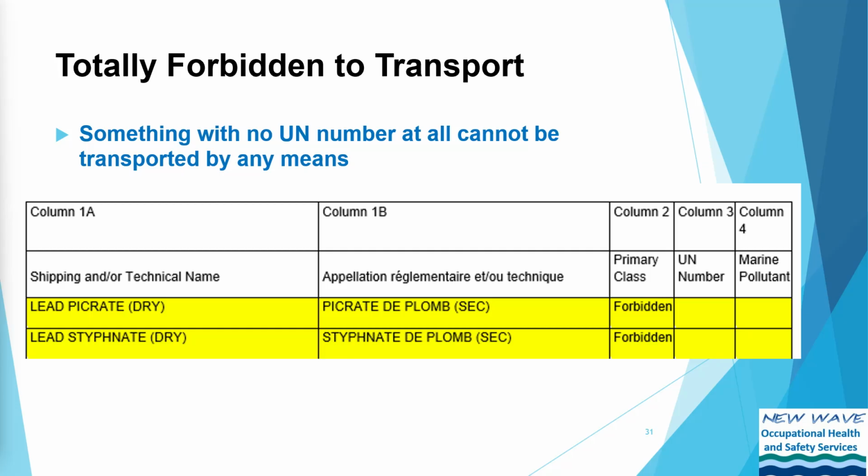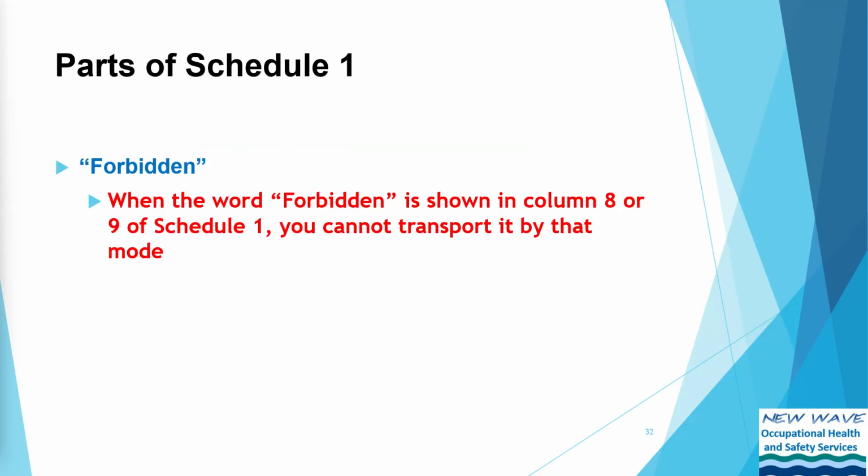As well, something with no UN number at all, such as lead picrate, cannot be transported by any means. Now, forbidden can show up in other places. When the word forbidden is shown in column 8 or 9 of Schedule 1, you cannot transport it by that mode.